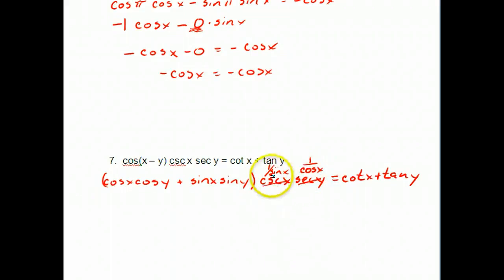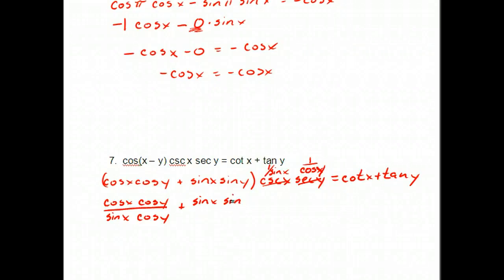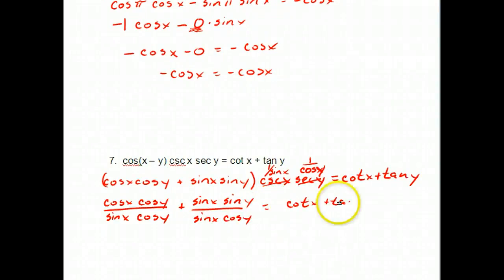When I go to multiply here, I can rewrite this as cos x cos y over sine x cos y, plus sine x sine y all over sine x cos y. And we want that to equal cotangent x plus tangent y.